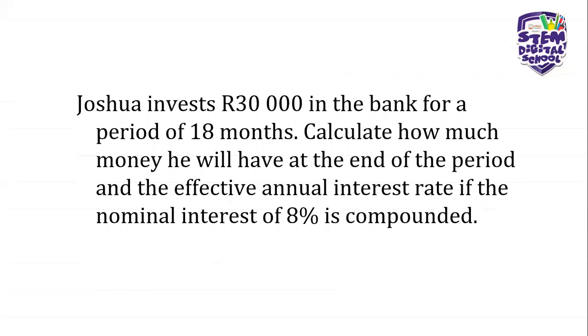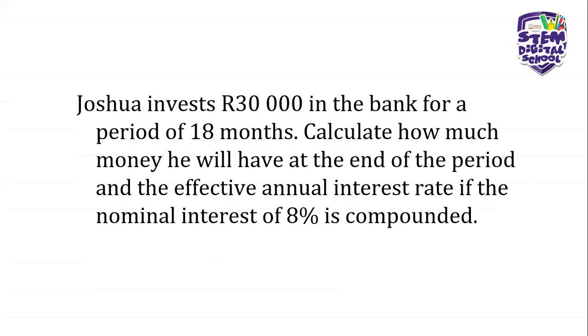So in this case, we need to check how much money Joshua will have at the end of 18 months. And we also need to check what the effective annual interest rate will be if the nominal interest rate is 8%, which is compounded.